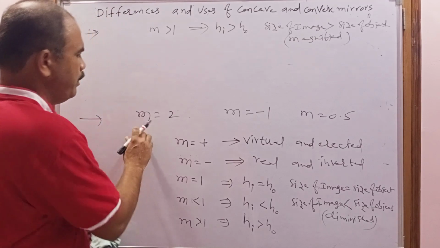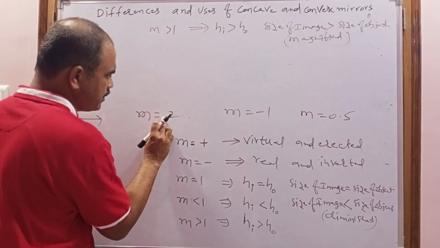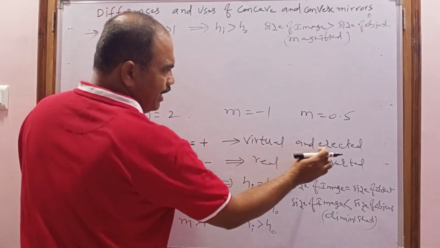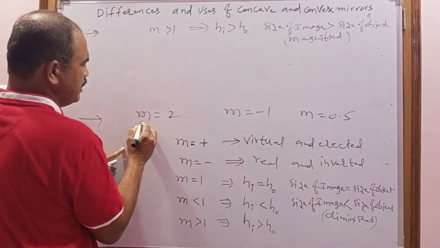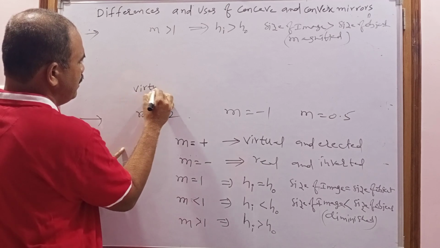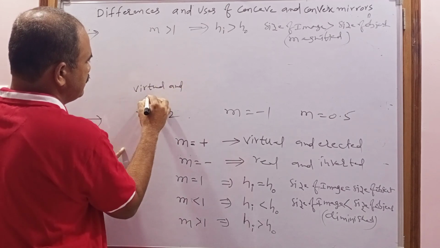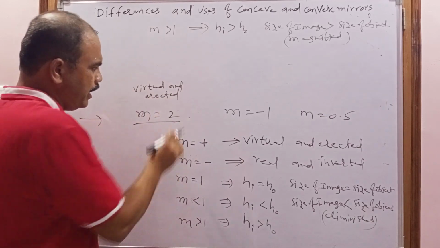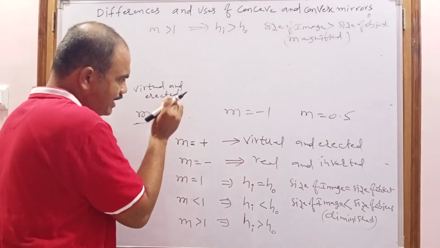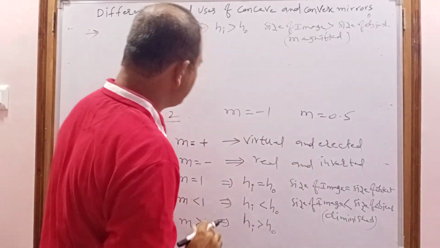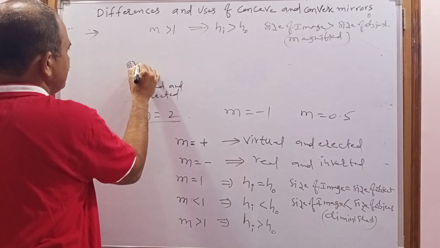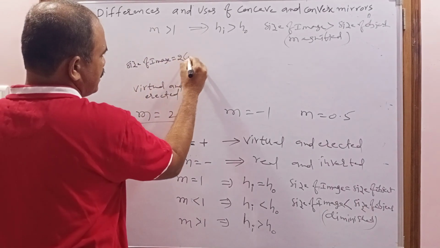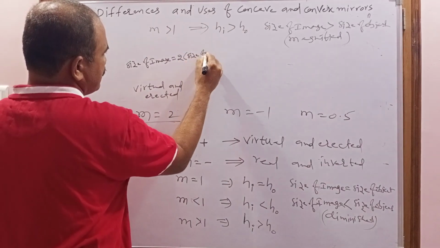Now come to here. M equal to 2: positive means virtual and erected. Here 2 means the size of image is 2 times the size of object.